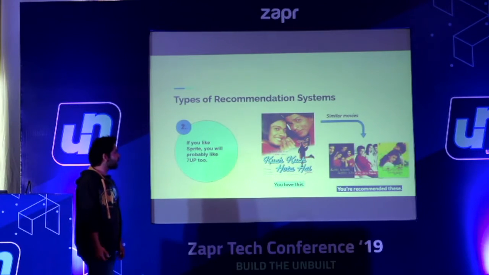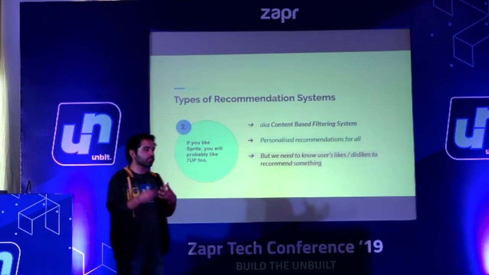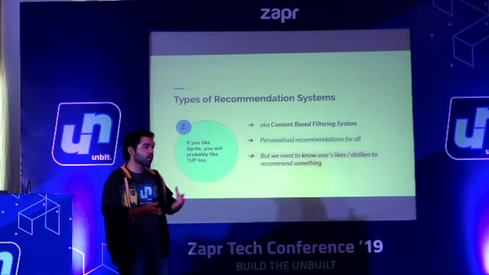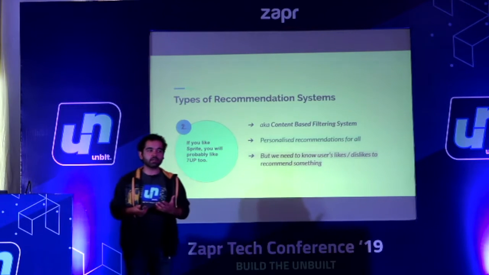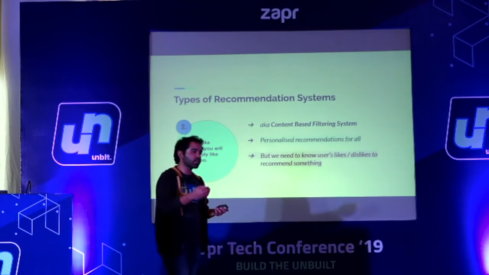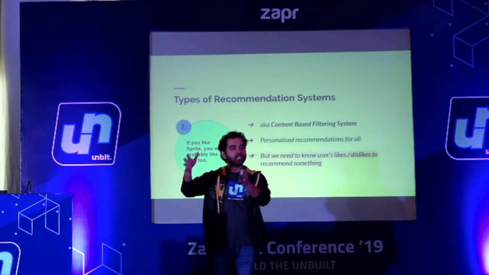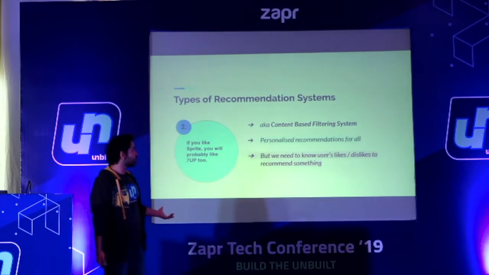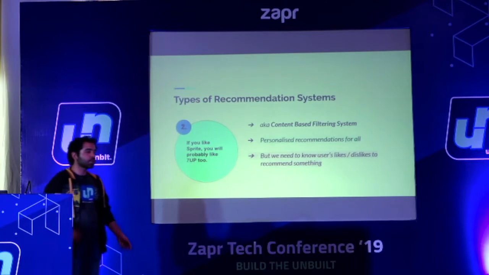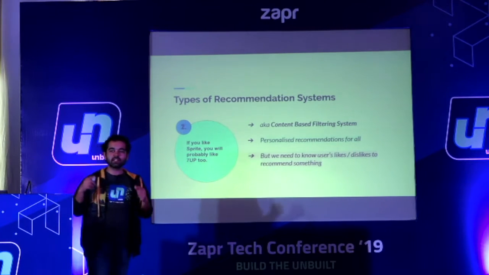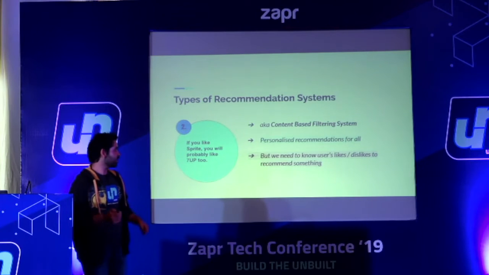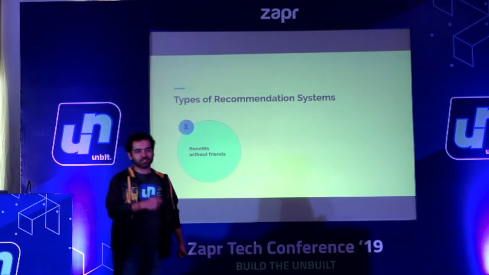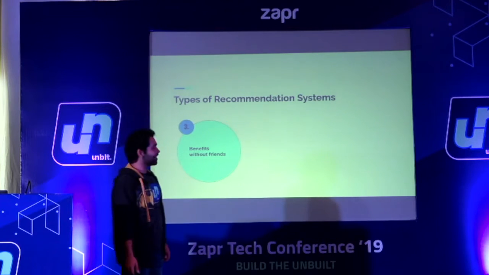So you're getting a personalized system that is recommending you items because I know that you like this, I'm going to find similar stuff to that and recommend it to you. So there is personalization in these recommendations, but you need to know what it is that the user likes in the first place. Third is benefits without friends, which also is the title of the talk.